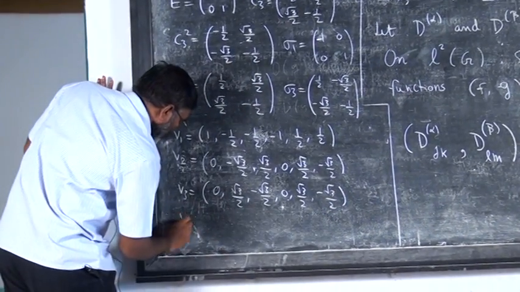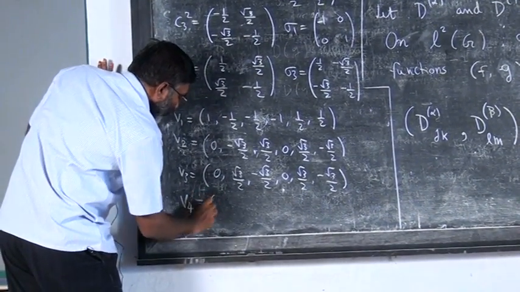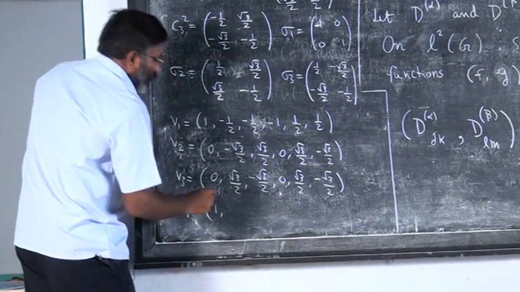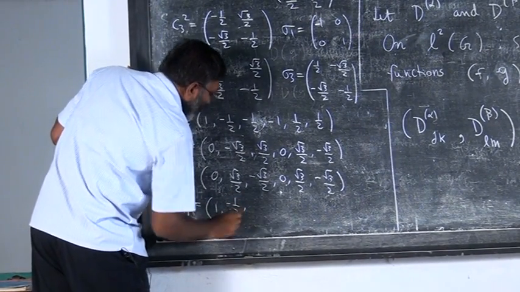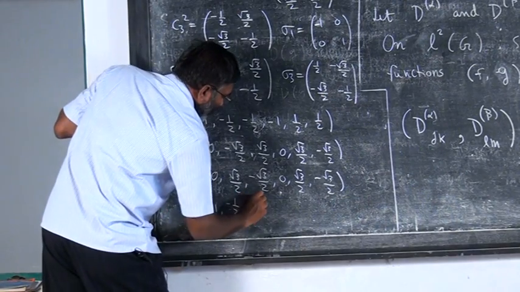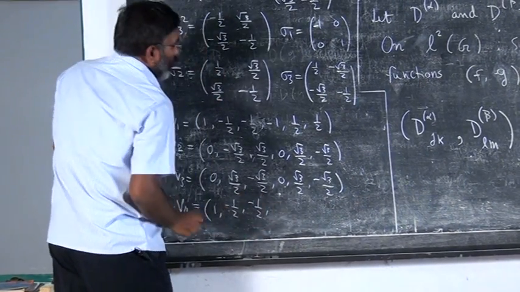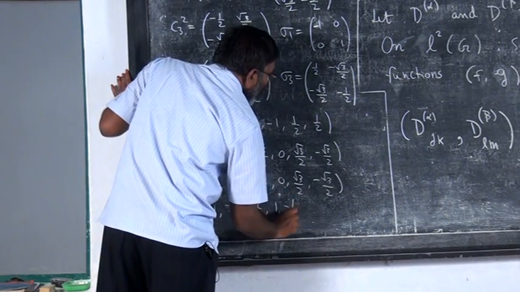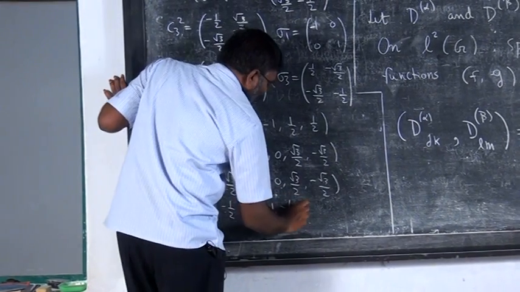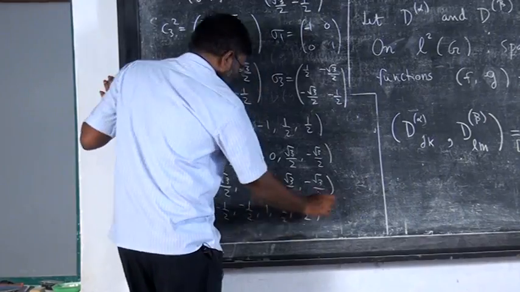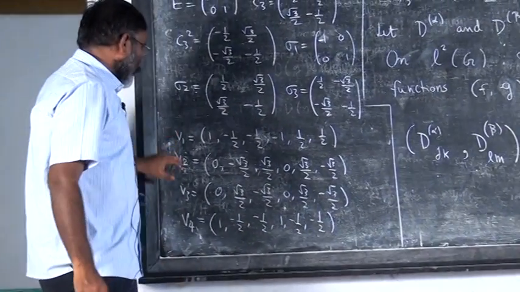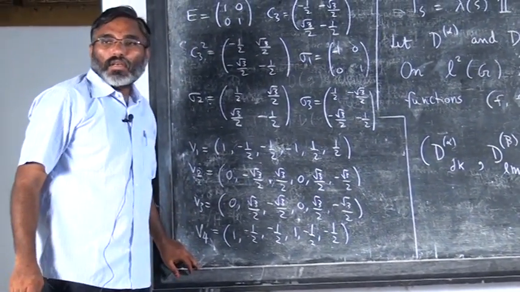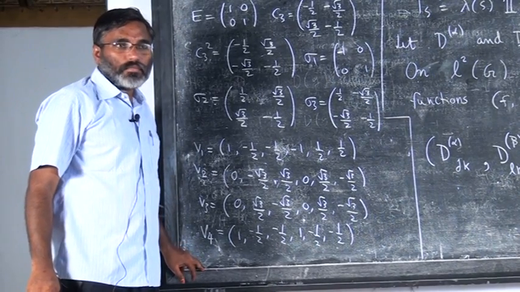And V4 is the 2 2 elements: 1, minus half, minus half, 1, minus half, minus half. So I have managed to write 4 vectors here.